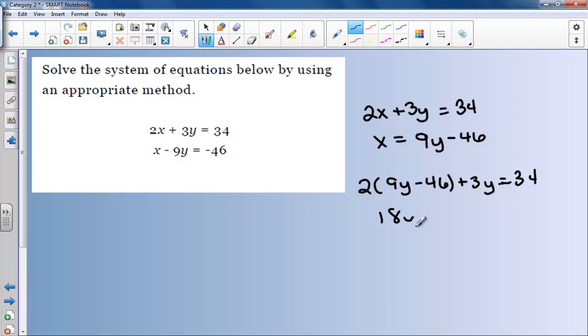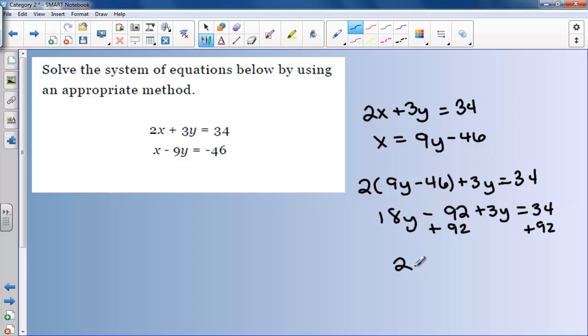So I get 18y minus 92 plus 3y is 34. And then move this 92 over. And I'm going to combine these terms right here.